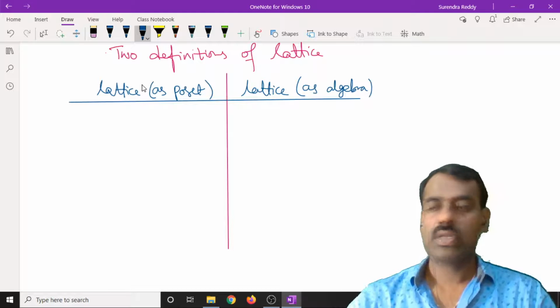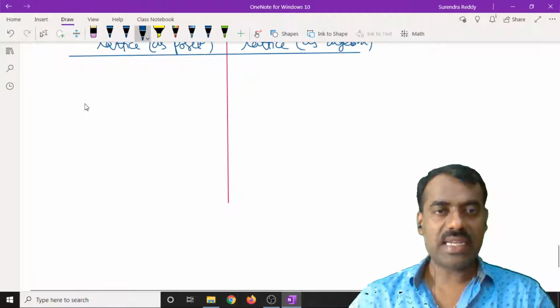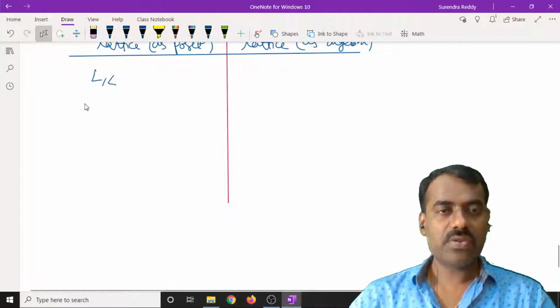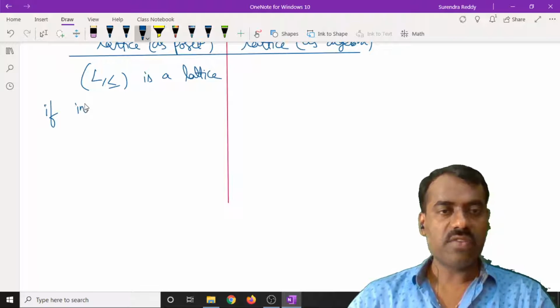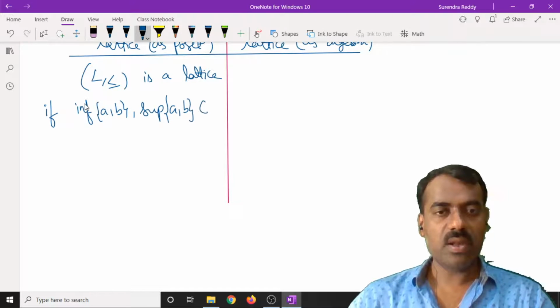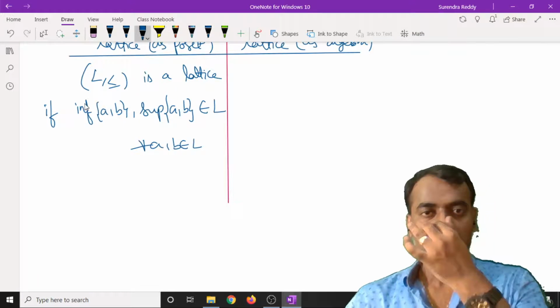Okay. So what is meant by lattice as a poset? This L together with this relation less than or equal to is a lattice if infimum of a comma b and supremum of a comma b belong to L for every a comma b belonging to L.